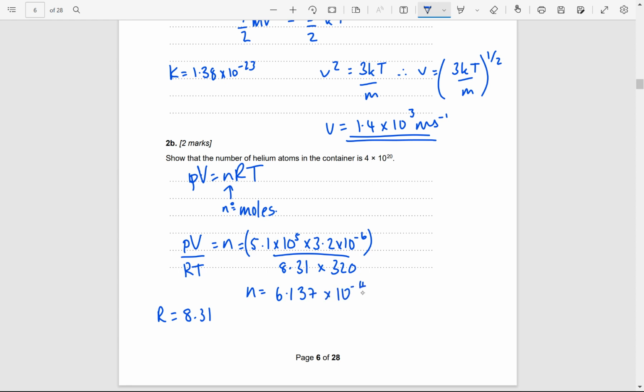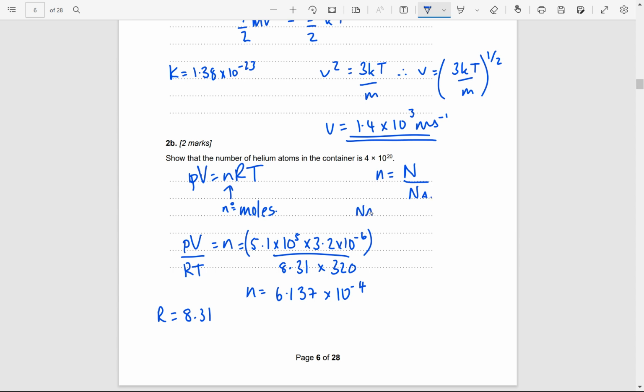So that is the number of moles, which is like packets of a certain number of particles. It's like baskets of, like full baskets of particles. Right, the number of moles is the number of particles divided by Avogadro's constant.